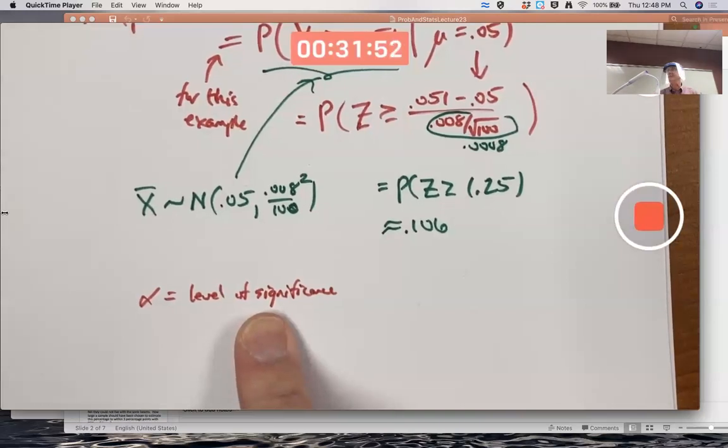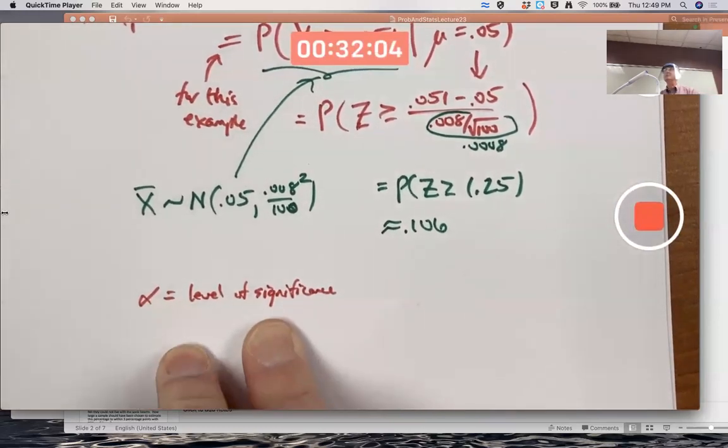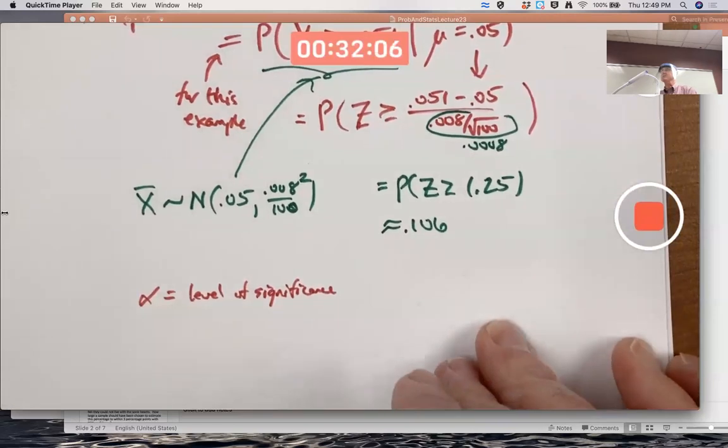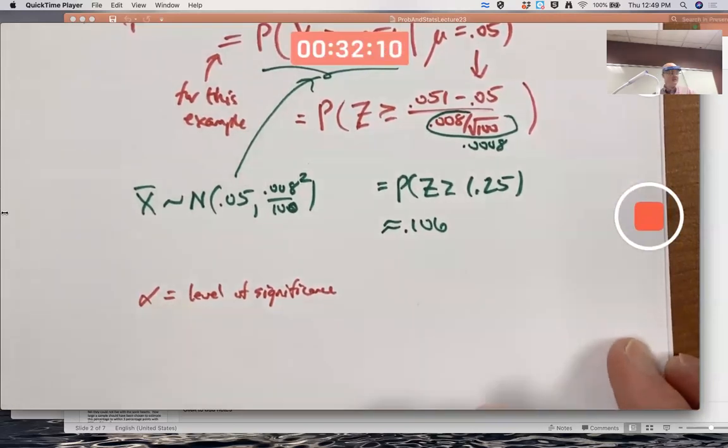People often pick 5%. But if you want the chances of making a type 1 error to be smaller, you pick a smaller value of alpha, like say 1%. Based on that value of alpha, you then find the rejection region, the critical region, the values of x that lead to rejecting the null, like was an example in the book.